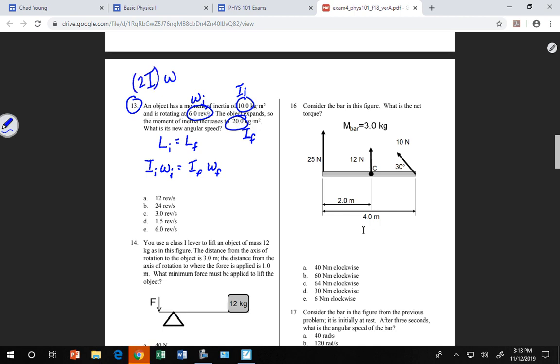In order for my momentum to remain the same, this has to decrease by a factor of 1/2. So where omega I was 6, now it's going to be 3. Okay, so let me just work this out. So I have 10 times 6 equals 20 times omega final. So omega final is equal to 3.